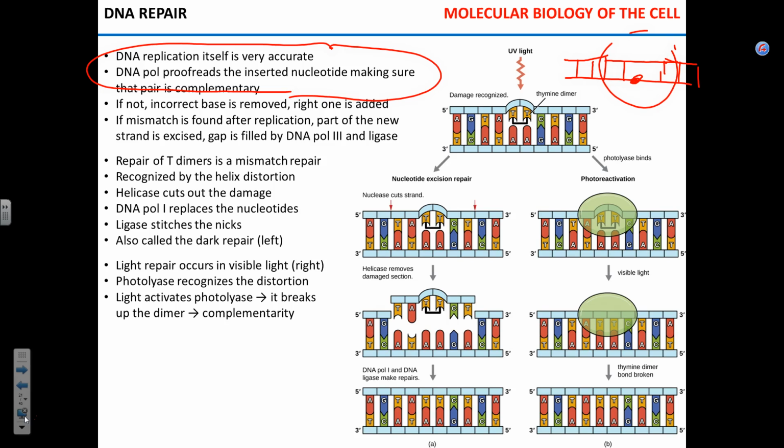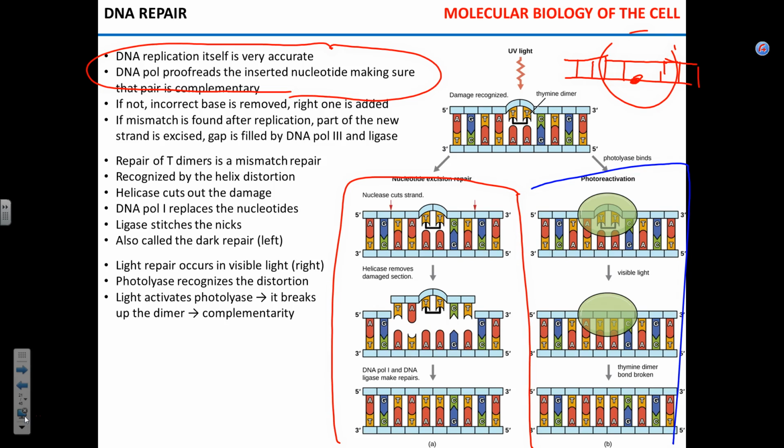So UV light and X-ray and gamma rays are not frequent, but UV light is always there, pretty much always, especially if you live in Florida. So how do we fix the thymine dimers that appear in the cells? There are two ways. One that occurs in the dark, and another one that occurs in the light.